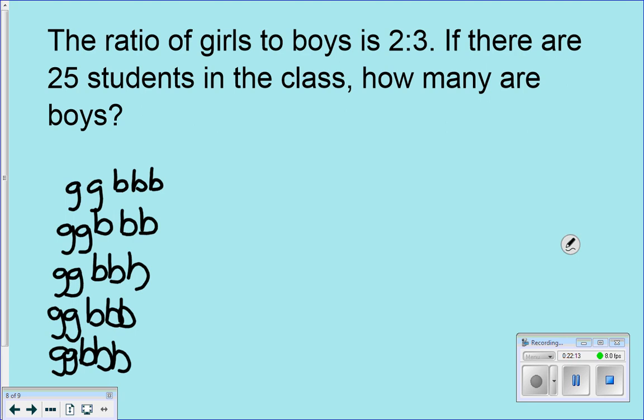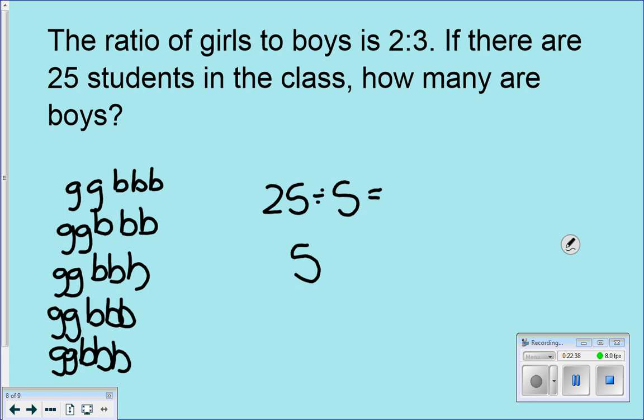Let me show you an easier way instead of making a picture. Okay? So we know in one group there's how many kids? 5. So let's take 25 divided by 5. And what do we get? 5. So we know there's 5 students in each group, right?